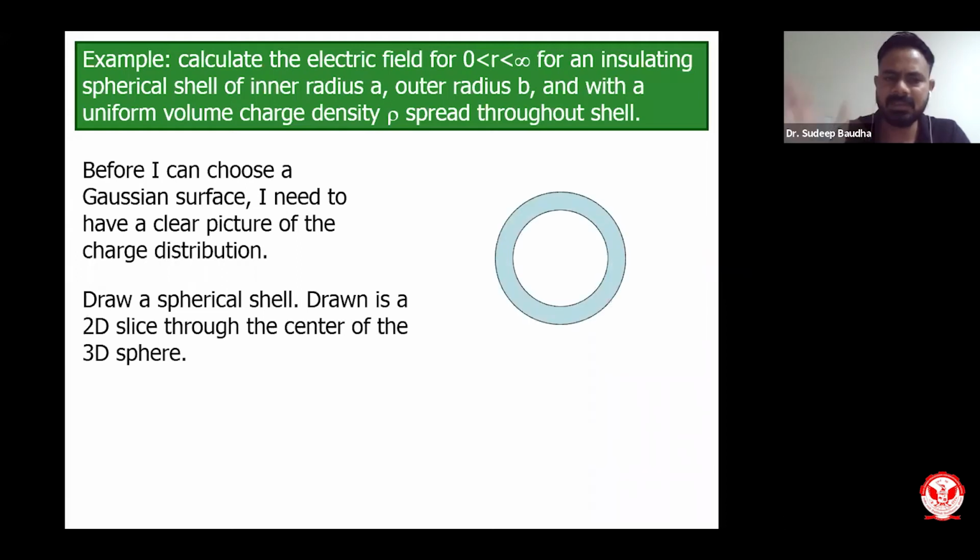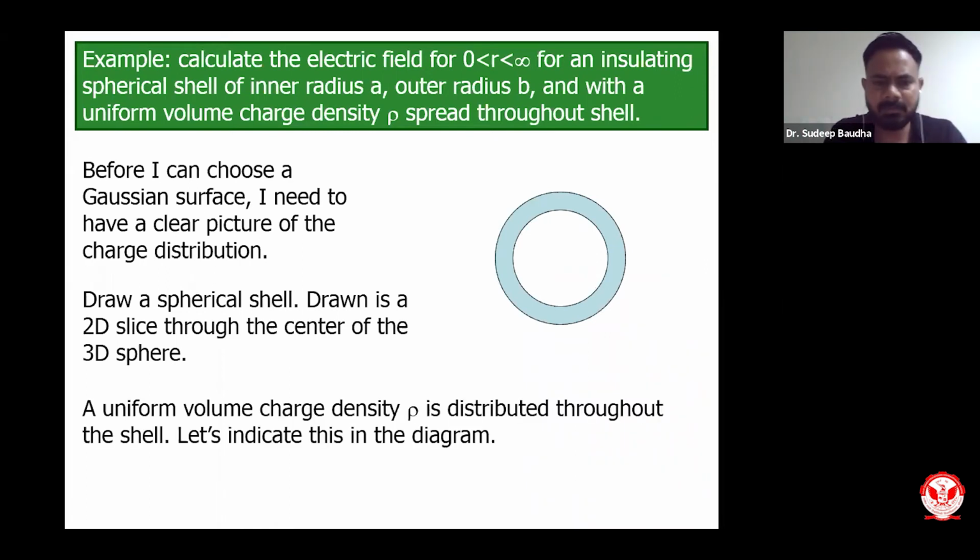If I slice it in 2D, this particular sphere under consideration will be in this form, and a uniform volume charge density rho is distributed throughout the shell. So this is what the problem is.